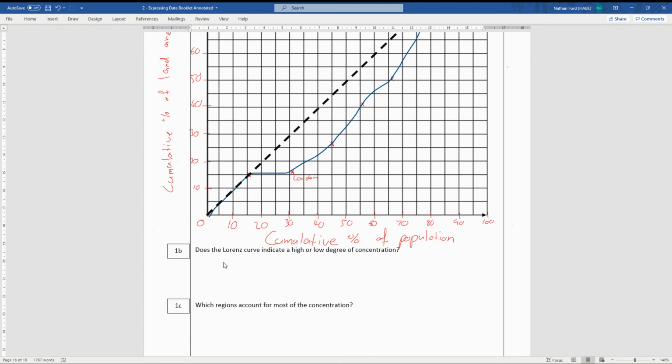It shows a low degree of concentration because the curve is quite close to the even distribution line, as it's fairly close.